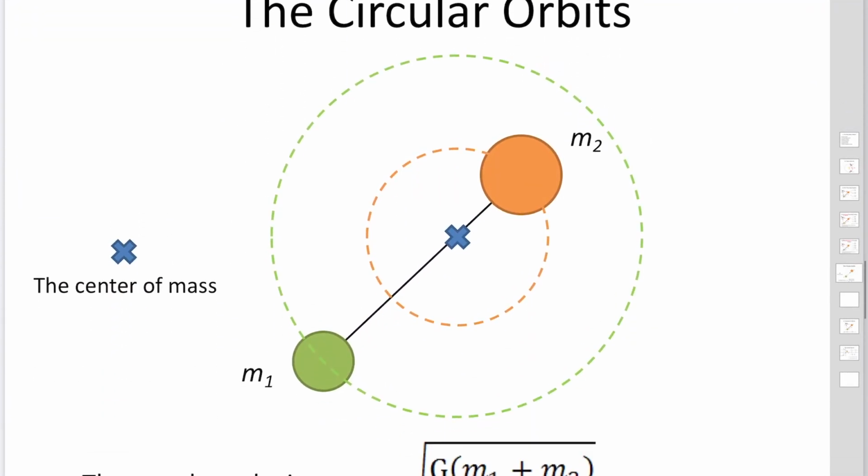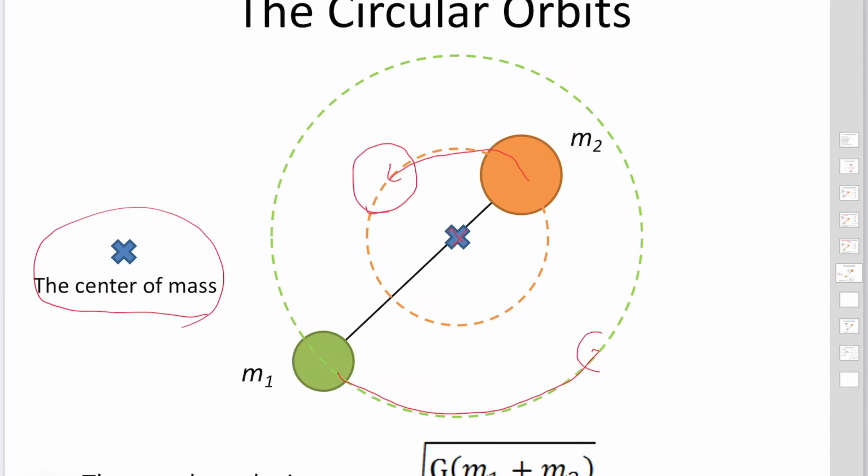So to describe the circular orbit, what this means: we consider two objects, m sub 1 and m sub 2, making circular motions around the center of mass. This is the center of mass. So when the object with m sub 2 is moving to this position, then m sub 1 is also moving to the new position.